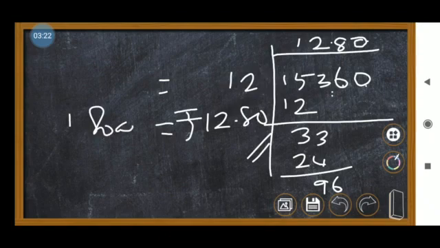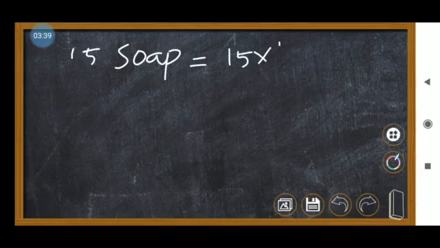One soap price is 12.80 rupees. This kind of calculation we can do. They asked for 15 soaps, so 15 soap price is equal to 15 into 12.80.